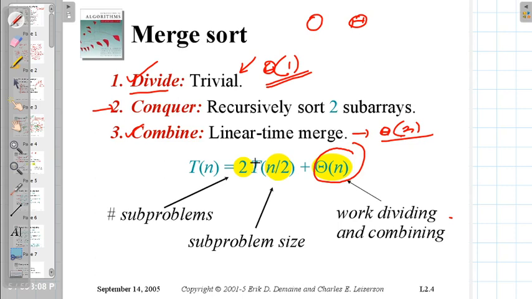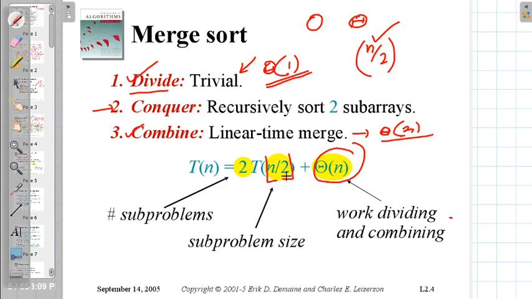Each of the subarrays will have approximately n by 2 elements. Here we could use ceiling or floor, but to make it simple, let us suppose that it is exactly n by 2.